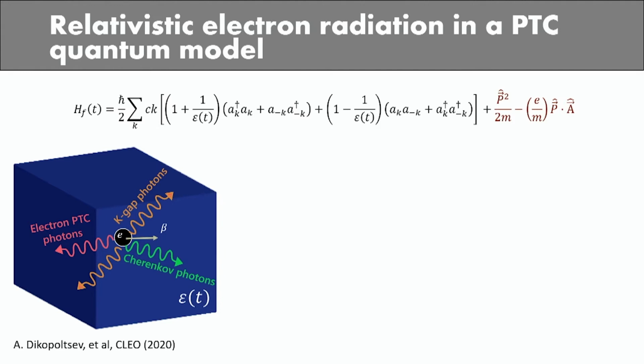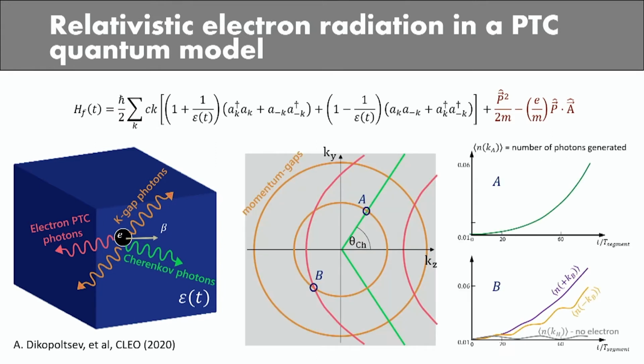And the third kind of photons that we get are photons that get some kind of contribution to their momentum from the frequency gaps. So here are the mapping of them, and therefore we get several different photons from this phenomena. So here you can see in these circles, the orange circles are the gaps, and the green one is the Cherenkov curve, and the harmonics are the purple, and all the interaction between the different curves give different kinds of emission.